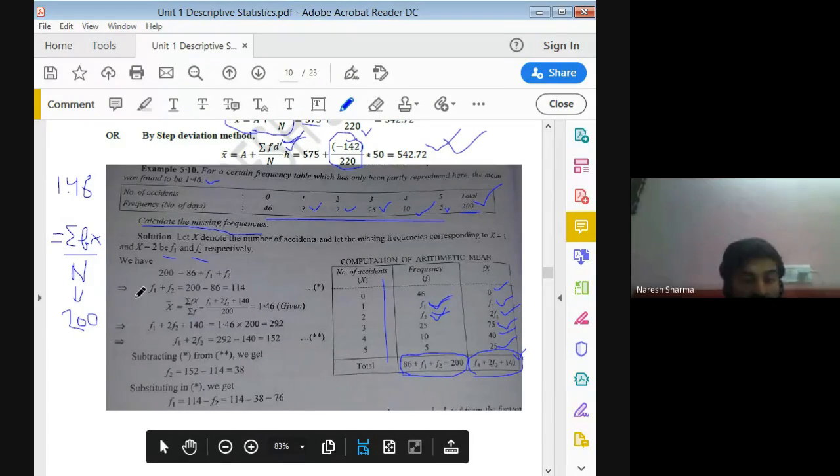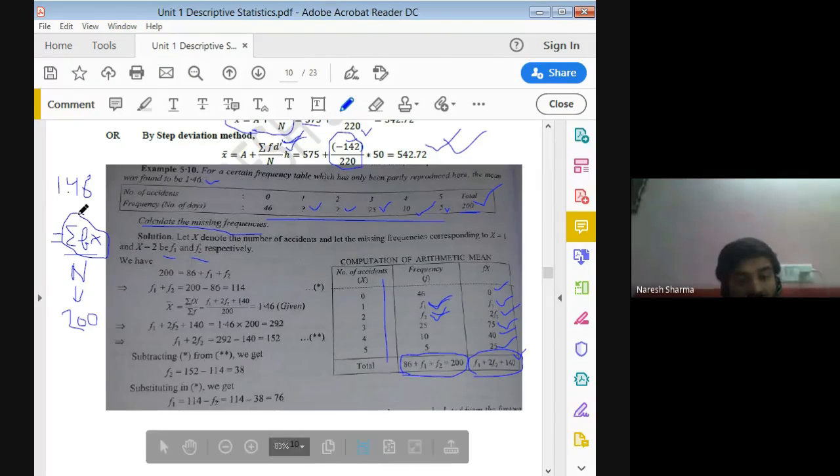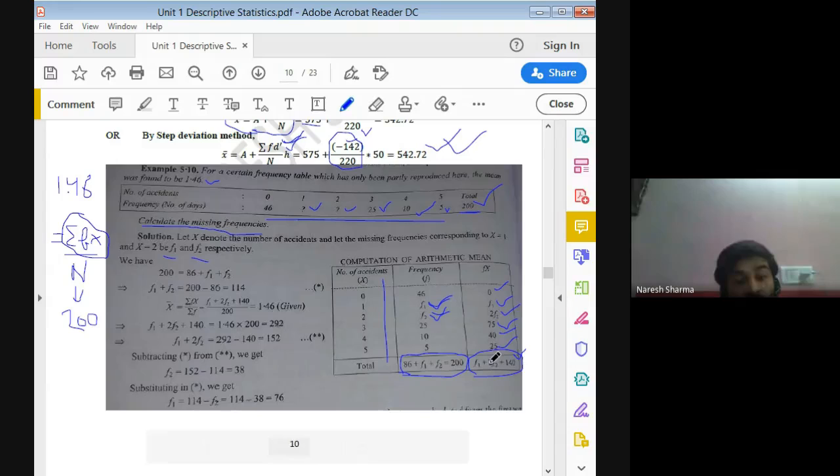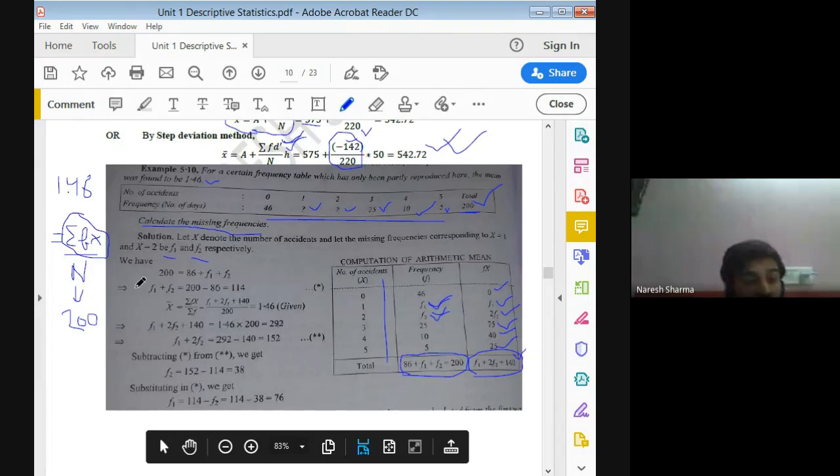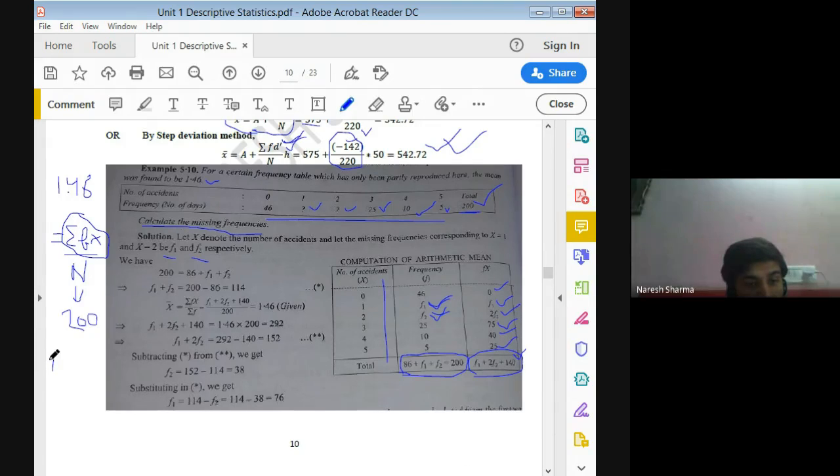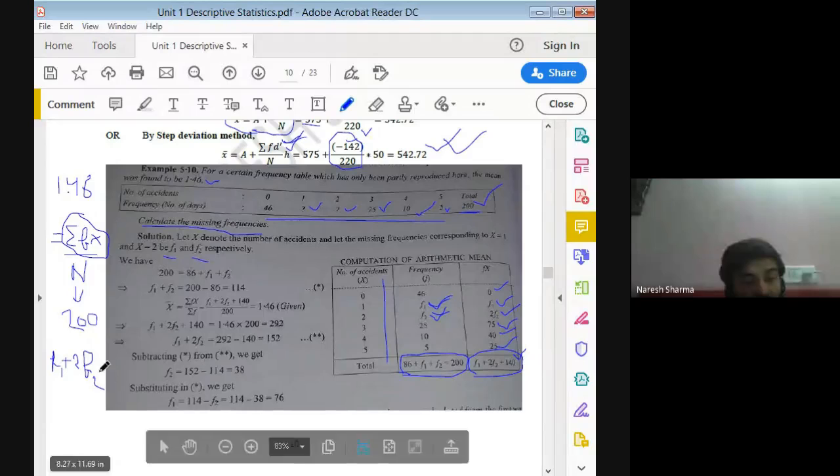So we may put this value here, summation fx. So this summation fx can be written as f1 plus 2f2 plus 140, divided by 200, which is your mean.